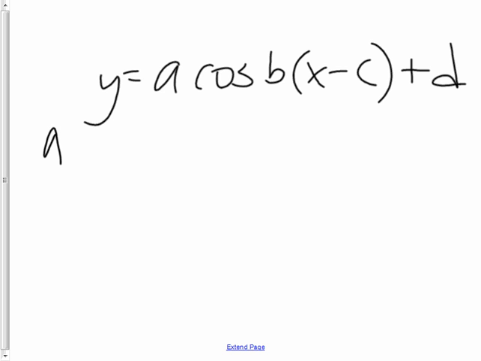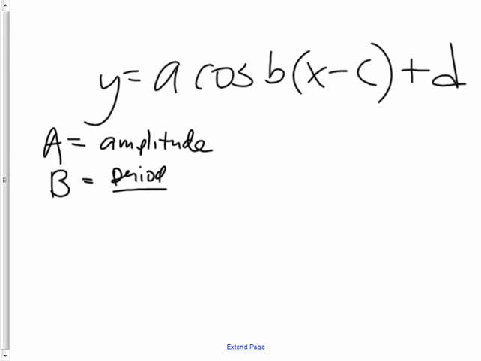A is the amplitude, B has to do with the period, but it's the period over 2 pi. B is the period divided by 2 pi.